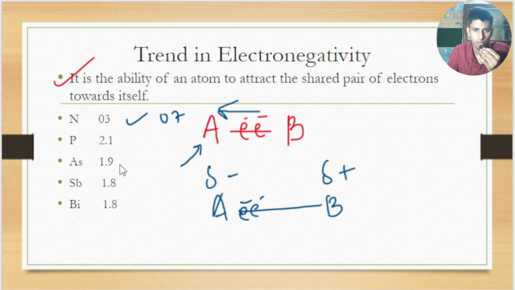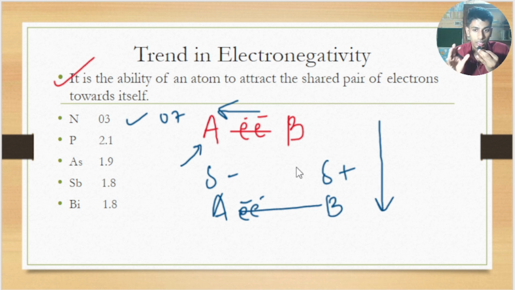Then for arsenic 1.9, then antimony 1.8, bismuth 1.8. So generally electronegativity decreases down the group, because the outermost electron is much farther away from the nucleus. Hence the effective nuclear charge is not reaching till there.